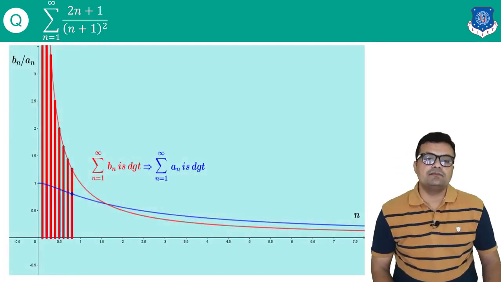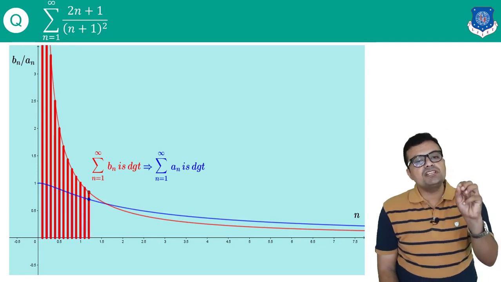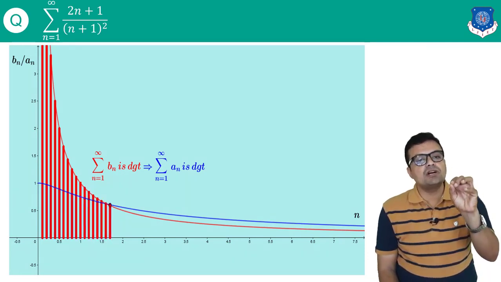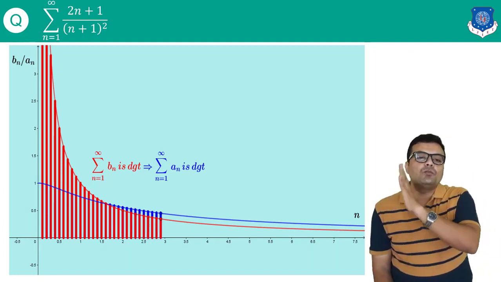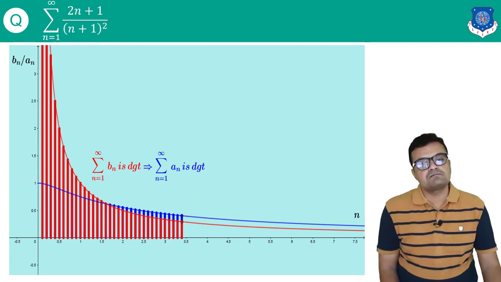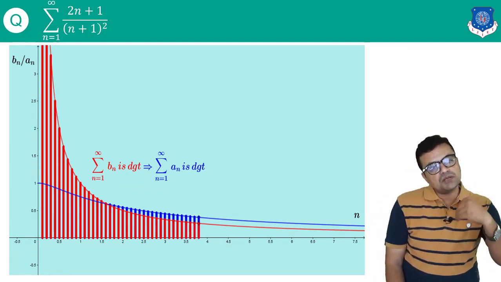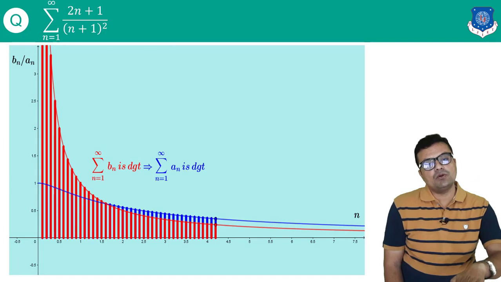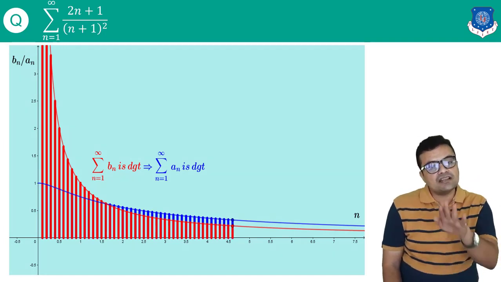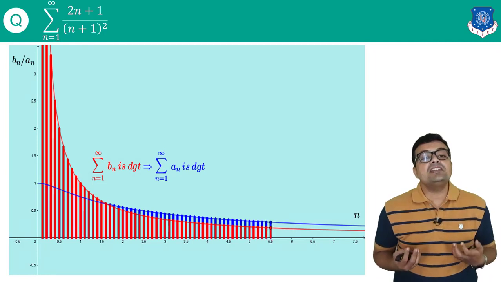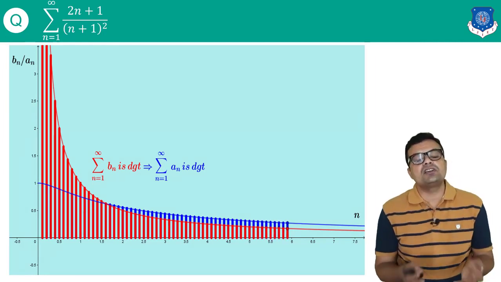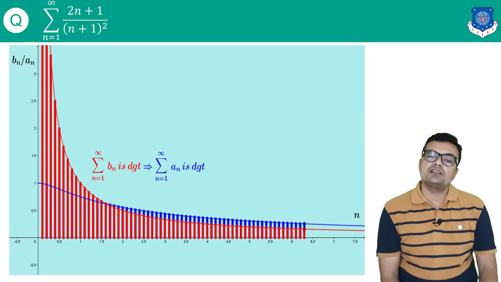Let us check graphically. Now the blue series is given by (2n plus 1) upon (n plus 1) whole square. So the blue bars are representing points on the given series. Now I am identifying one sub-series which is given by 1 upon n, which is lying inside the series and which is divergent. So if your series is containing a divergent sub-series, then obviously your series must be divergent.